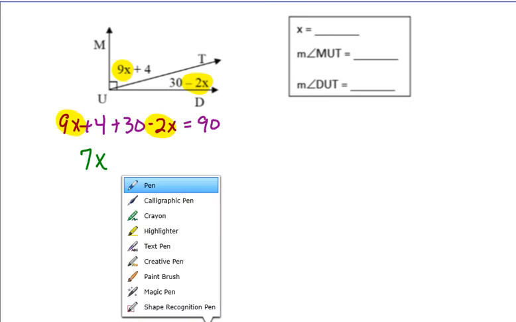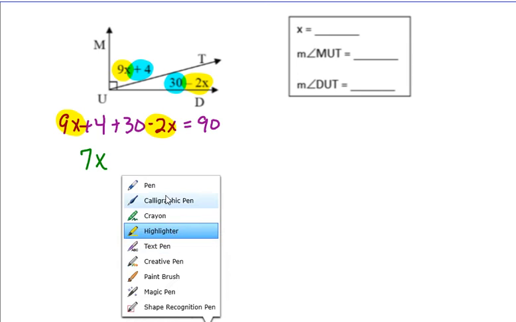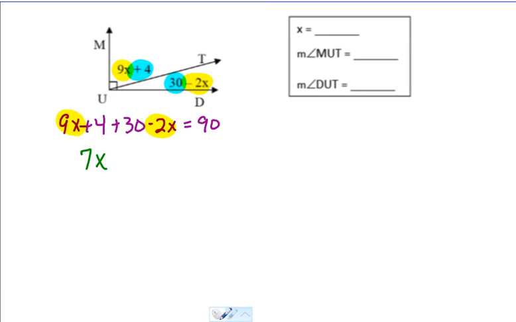And then we have plus 4 and a positive 30, so that's plus 34, equals 90. So now we have a two-step equation to solve.